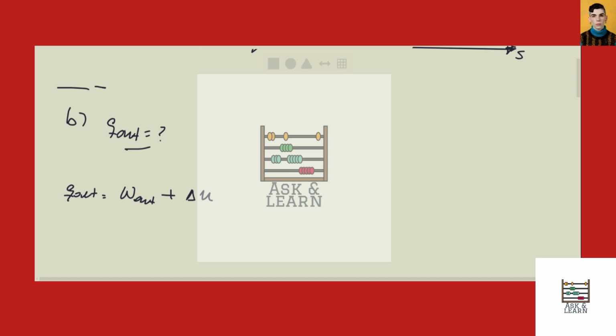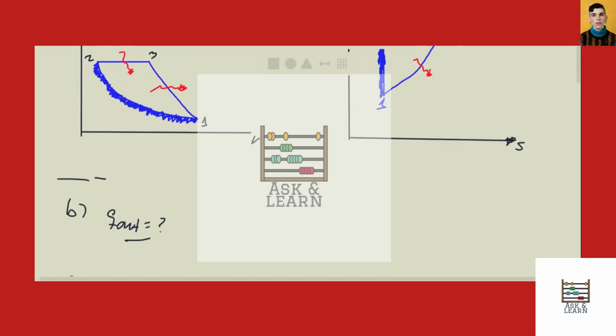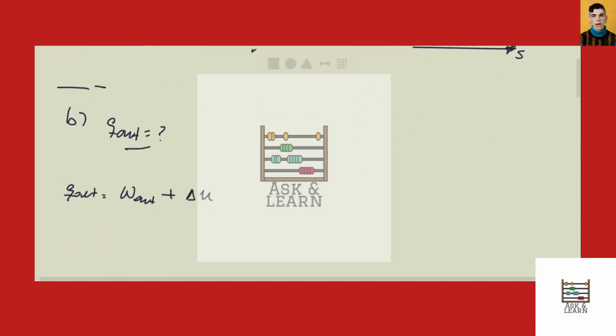First of all, what is the work? So the work, as we know, is just the area under the curve. So if we look here, the area is going to be this trapezoid. Okay, so this is the area that represents the output work.